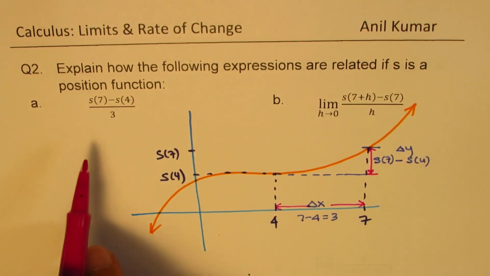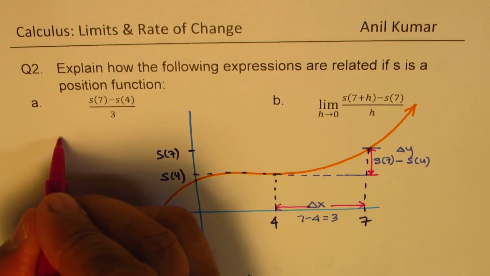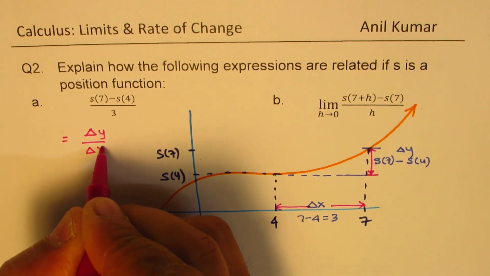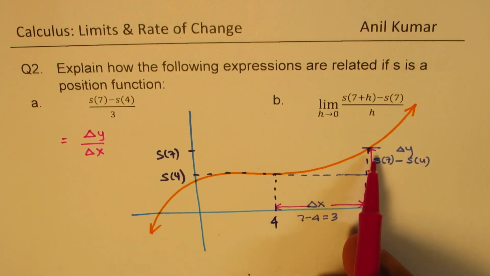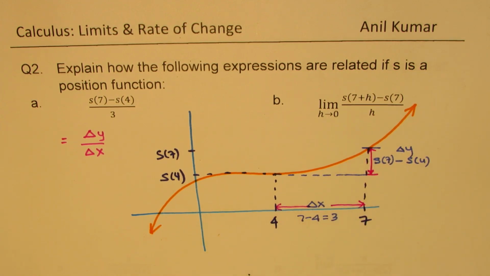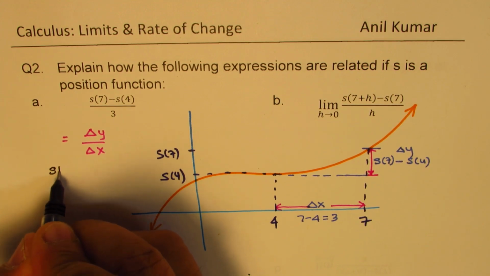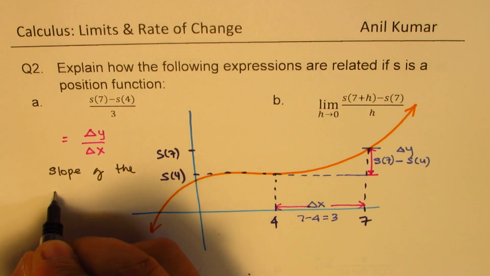Correct? So this particular expression represents what? It basically represents delta y over delta x. Correct? Change in rise over run. And that is the representation of slope of the secant.